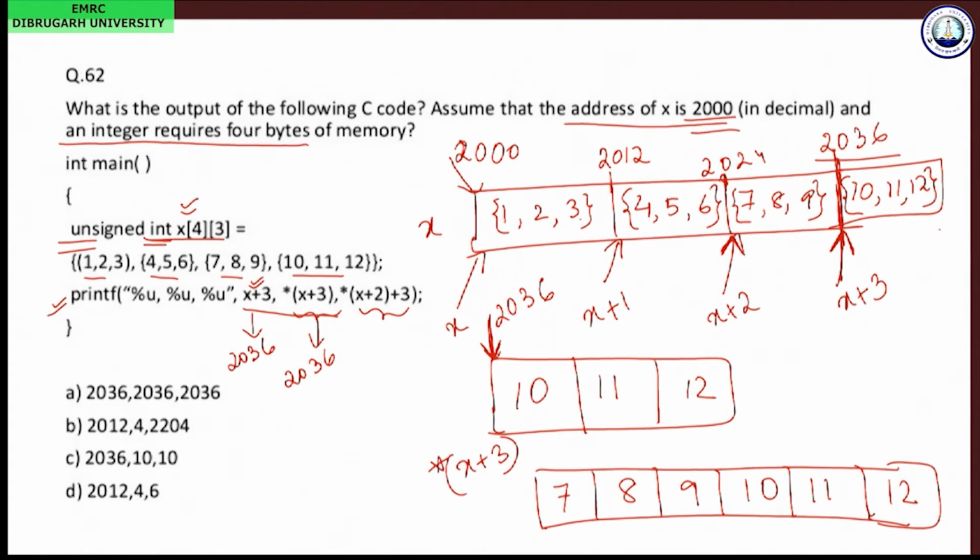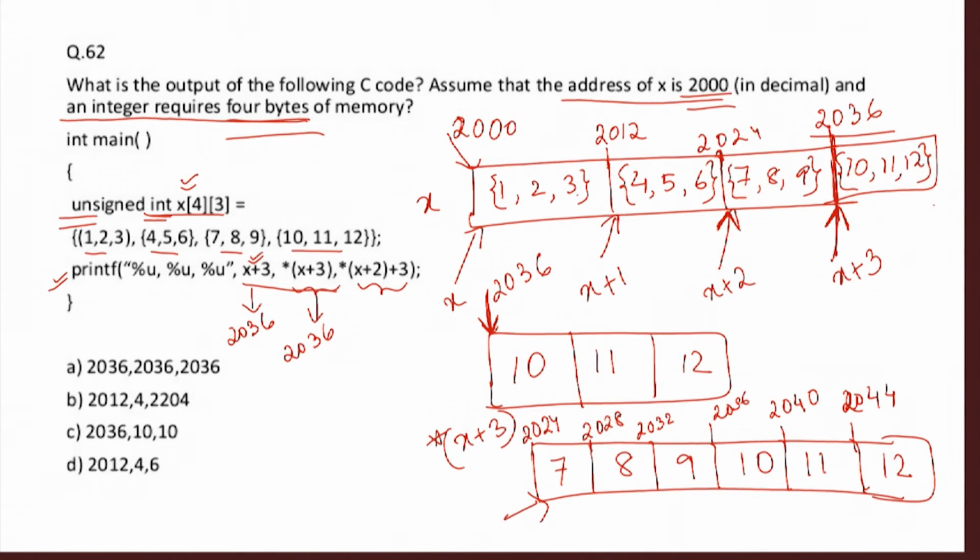Where it starts from is 2024, then 2028 because it is 4 bytes, then 2032, 2036, 2040, 2044. As they are talking about pointers also.